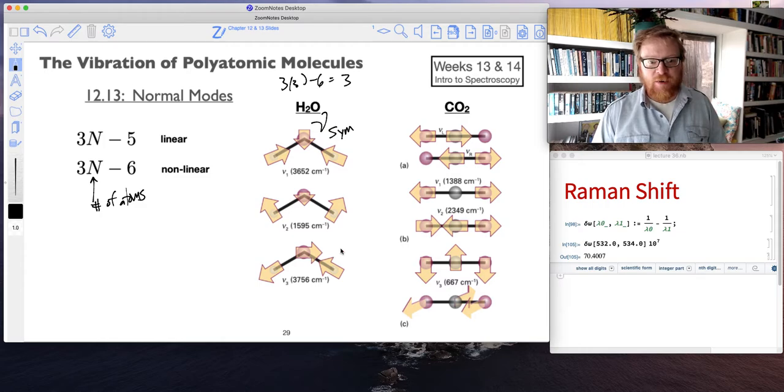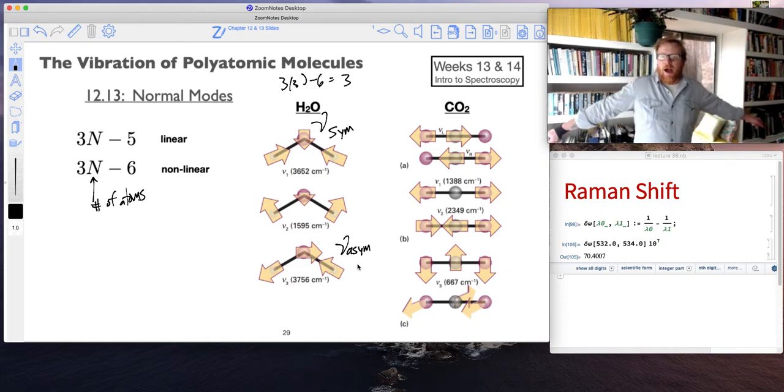And then of course there is the asymmetric stretch, typically written as nu asym, or sometimes just nu AS. Some kind of qualifier to let you know that's the asymmetric stretch.